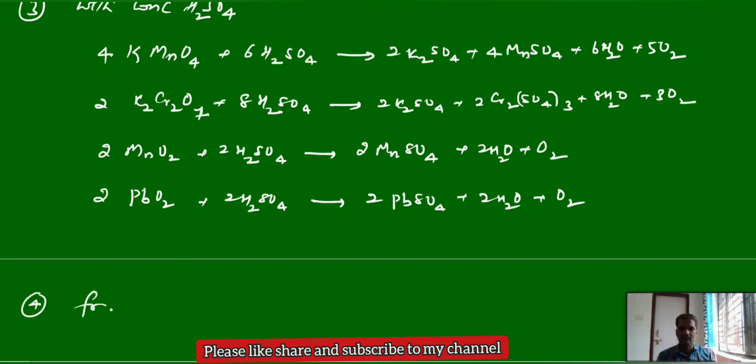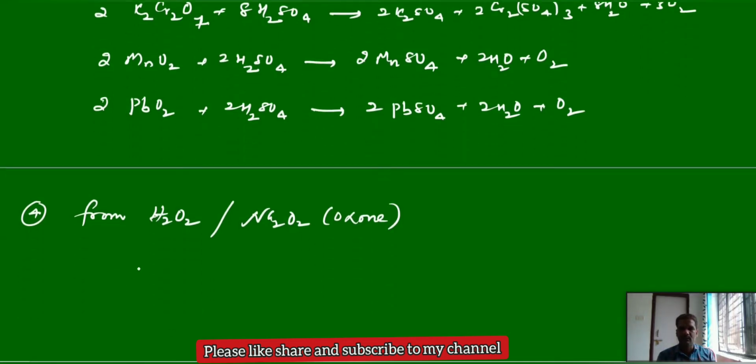Next, from hydrogen peroxide, thermal decomposition of hydrogen peroxide, and sodium peroxide. Sodium peroxide hydrolysis reaction. Sodium peroxide we can call oxone. Preparation of oxygen from oxone.